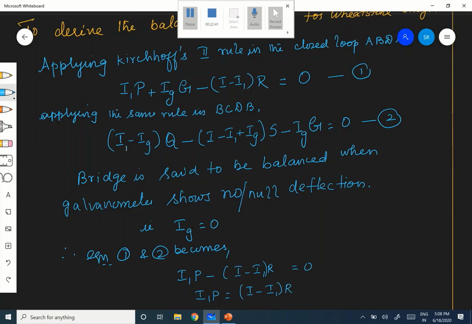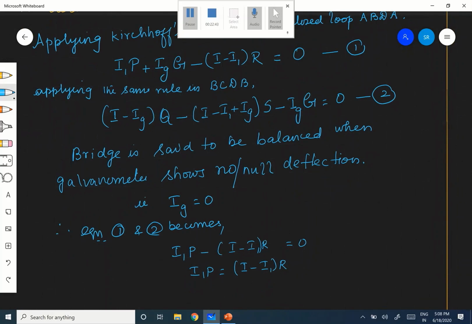This is equation number 1, on putting IG equal to 0. Now, what is equation number 2? How will it become now? IG into G will be 0.